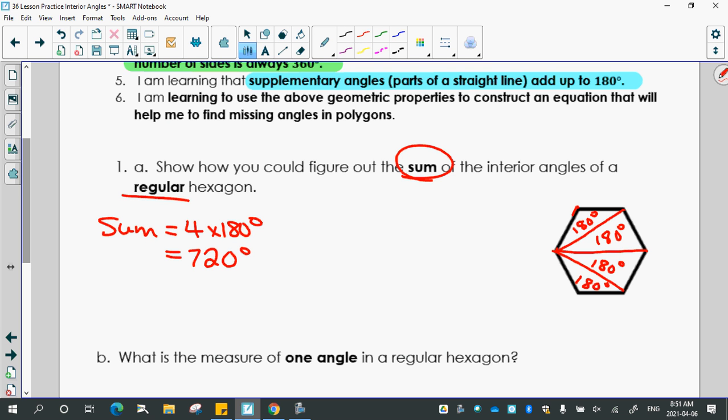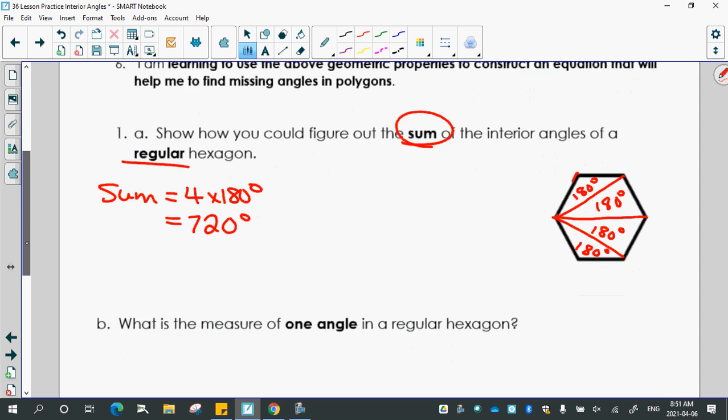So show how you can find out the sum of the interior angles of a regular hexagon. So we're basing it off knowing that there's 180 degrees in every triangle that we can make there. Okay? So that's the sum.